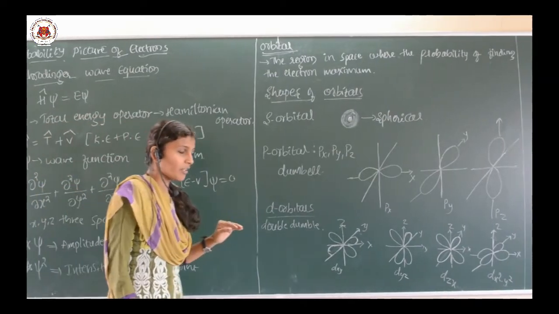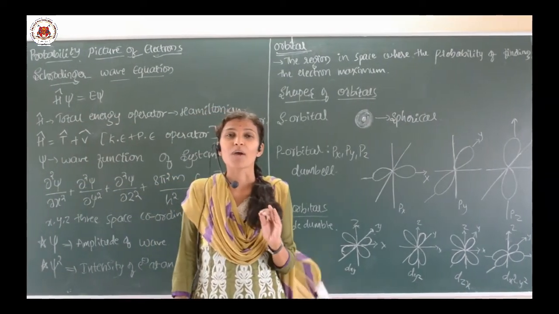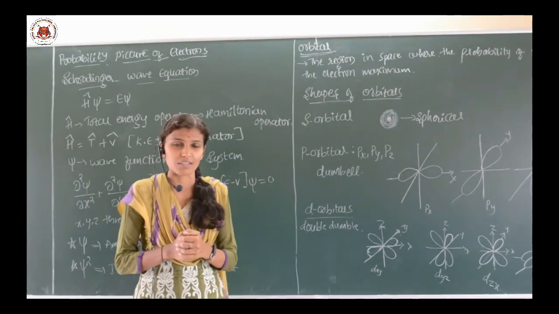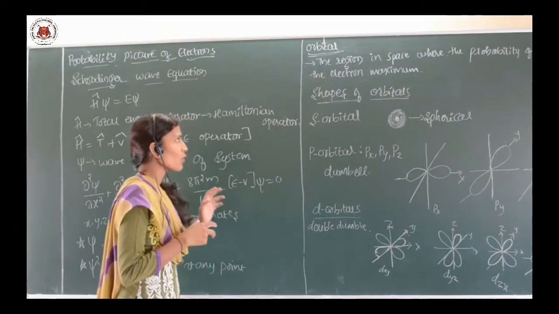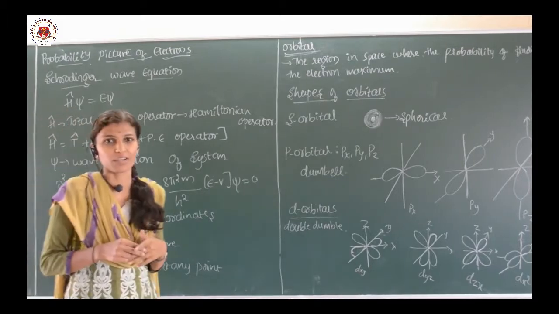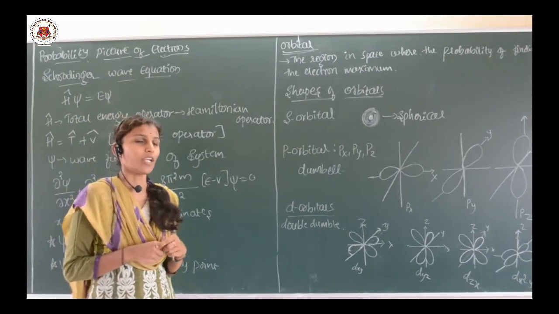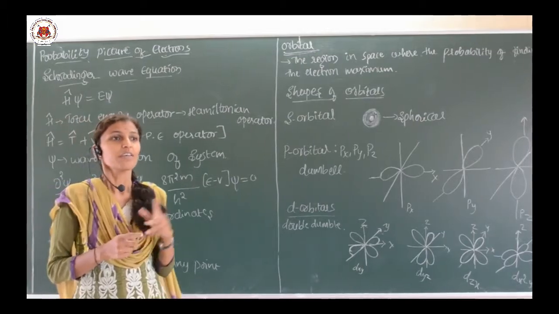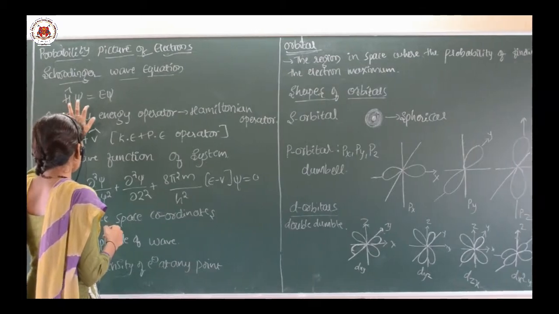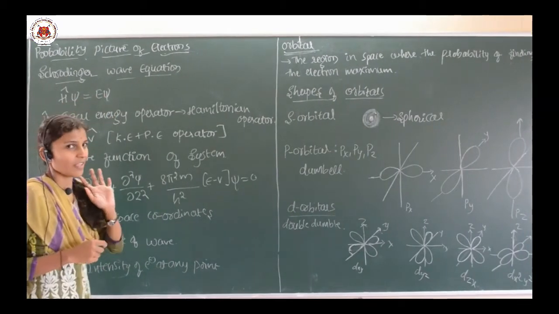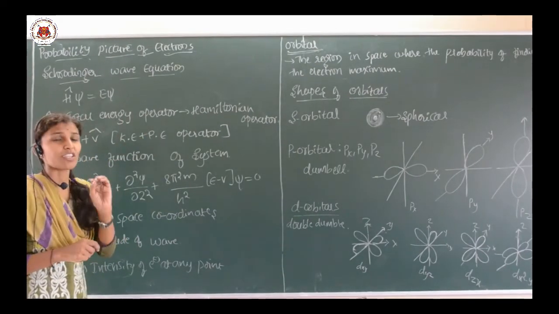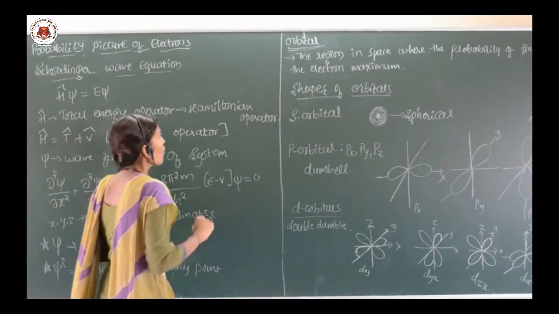Schrodinger incorporated the requirements of de Broglie's wave equation and Heisenberg's uncertainty principle, and he gave the mathematical equation which describes the behavior of an electron in an atom. So, the mathematical formula of the Schrodinger wave equation is H cap into psi equals E into psi, where H cap is the total energy operator, which is also called the Hamiltonian operator.